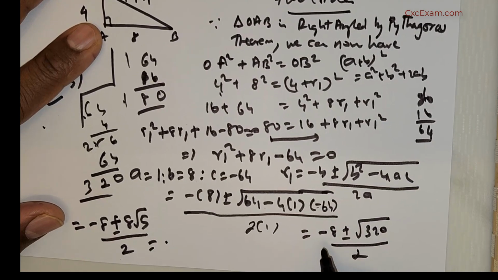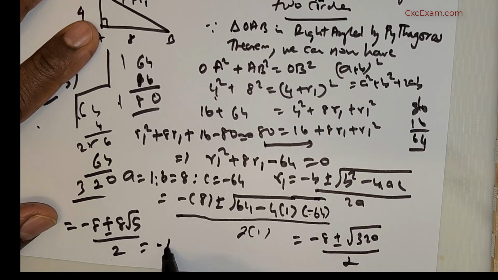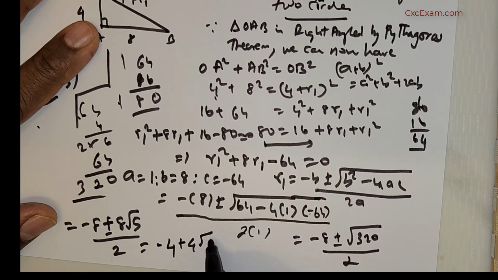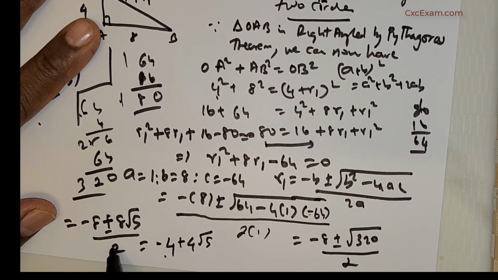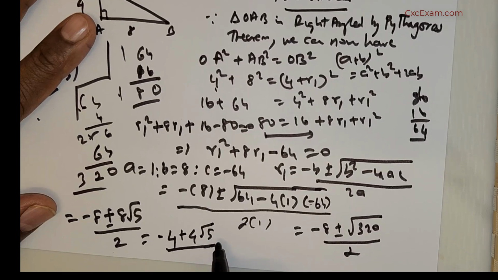This is going to be negative 4 plus or minus 4 times the root of 5, right? I cannot take a negative value, so this will be the only value for R. So R is equal to negative 4 plus 4 root of 5.